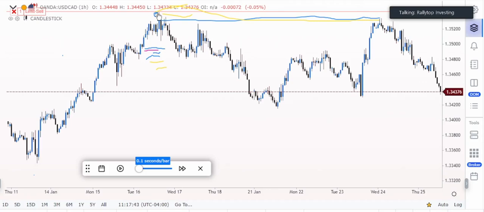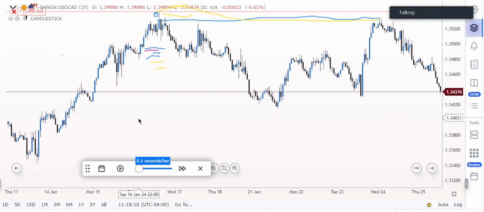Because if you say this is a high and inducement has been taken, that means we are bullish. So if we are bullish and inducement has been taken, what are you expecting next from the market? To take out that high. You are expecting, yes, you have identified your high.